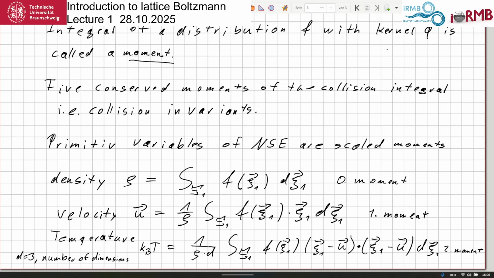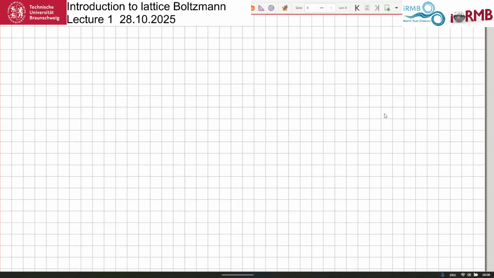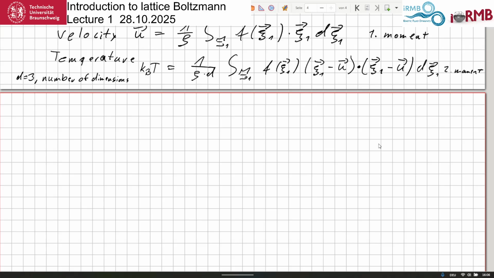Okay, so now we come to the interesting part of today. After introducing this, now we want to understand something about physics in general, and second, how this integral actually behaves.